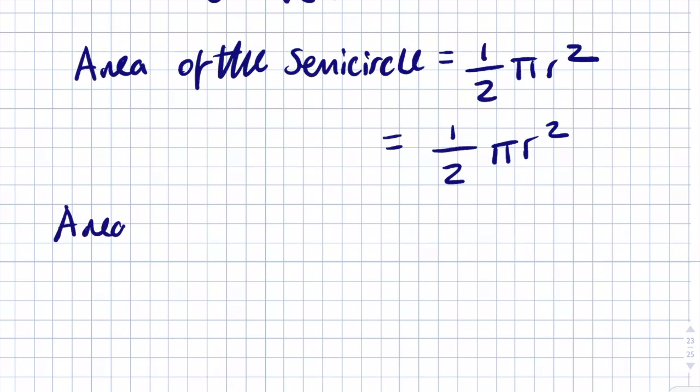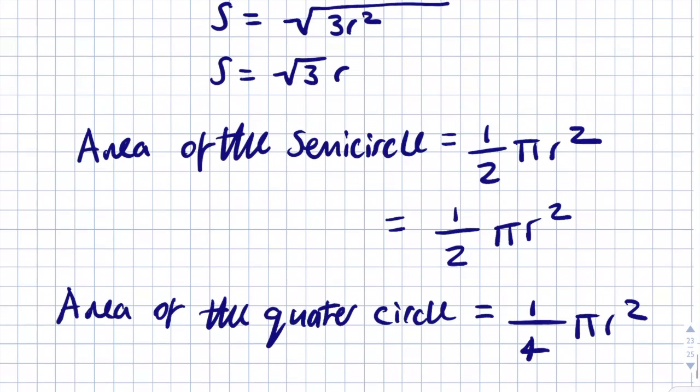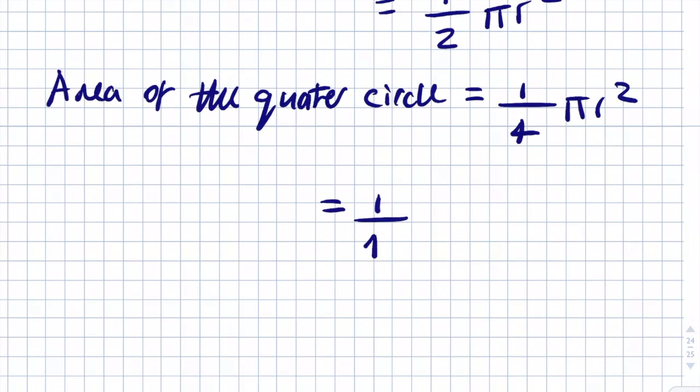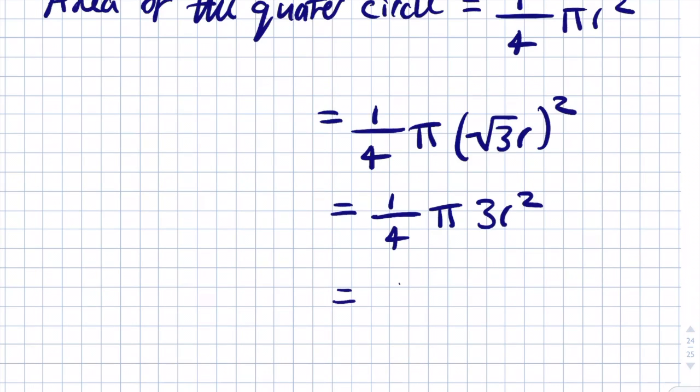And then the area of the quarter circle is going to be equal to a quarter pi r squared, but our value of r is slightly different. It's actually s, which is root 3r. So we write that as a quarter pi of root 3r all squared. That's going to simplify to a quarter pi of 3r squared, which is of course 3/4 pi r squared.